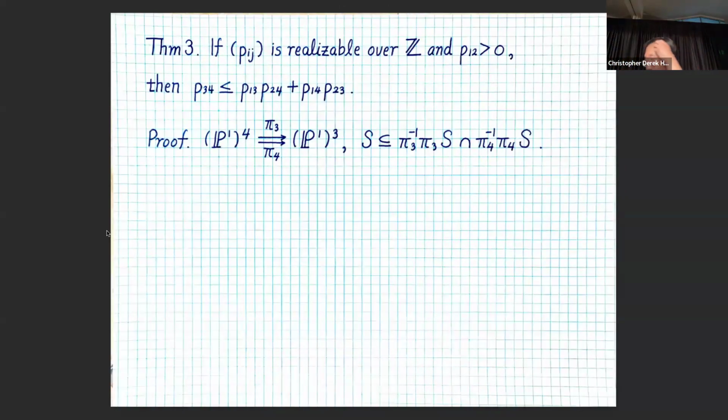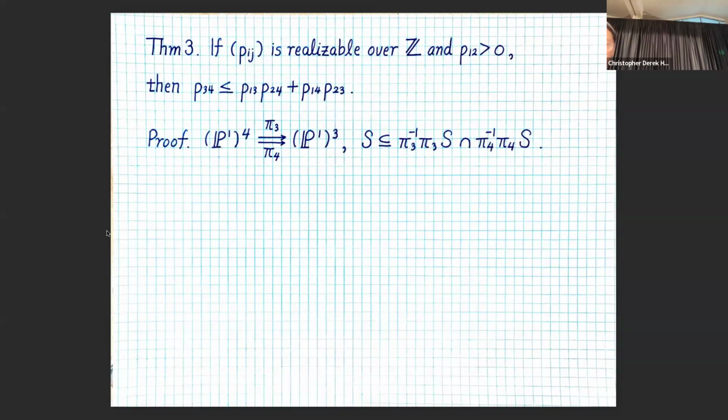Yep. So here is one condition on the realizability over Z. If something is realizable over Z with P12 positive, then it must satisfy the inequality P34 at most P13 P24 plus P14 P23. So this is one of the dehomogenizations of the Plücker relation. And the proof is very simple.